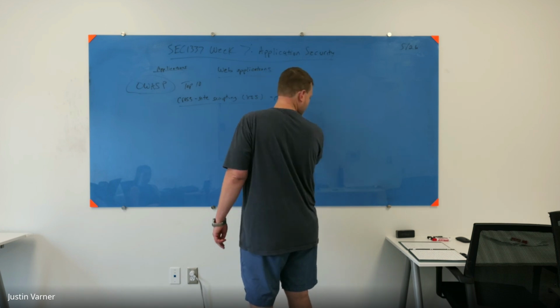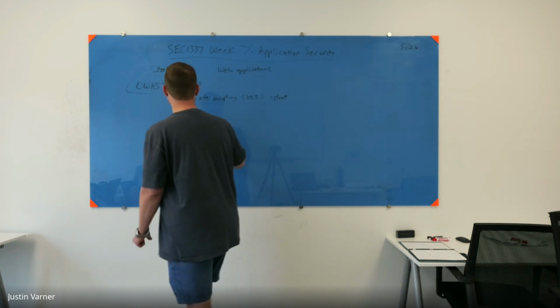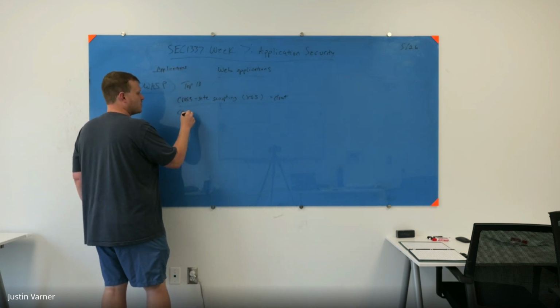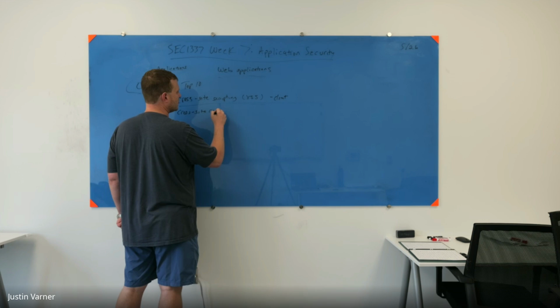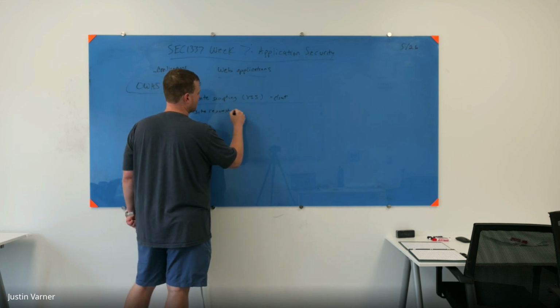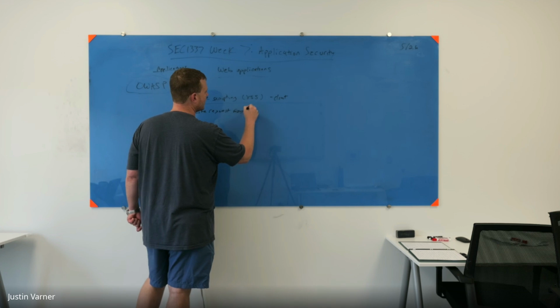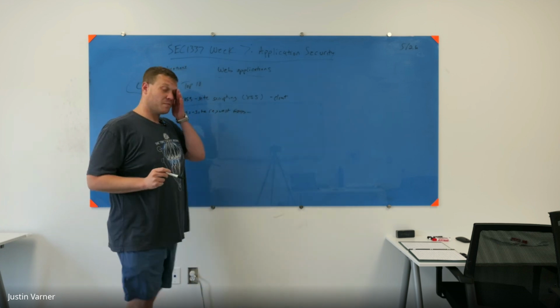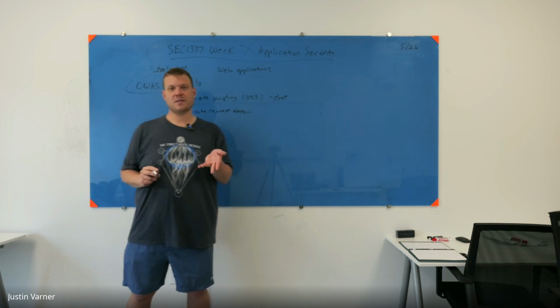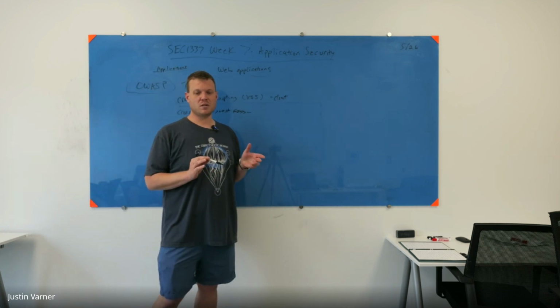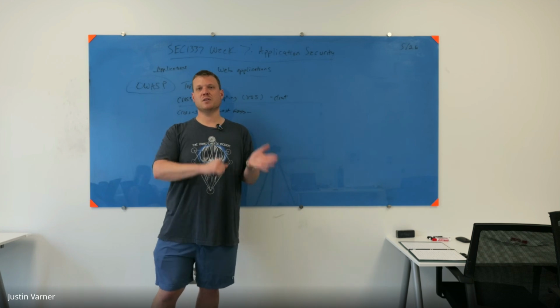Then you have something similar, which is cross-site request forgery, or CSRF. This essentially abuses the relationship that a client has with an already authenticated service. The adversary will have you hooked in.